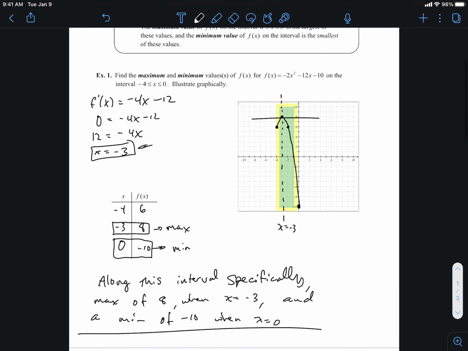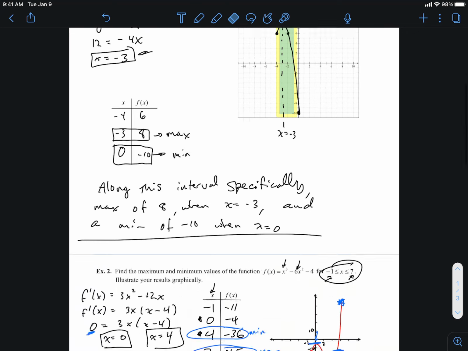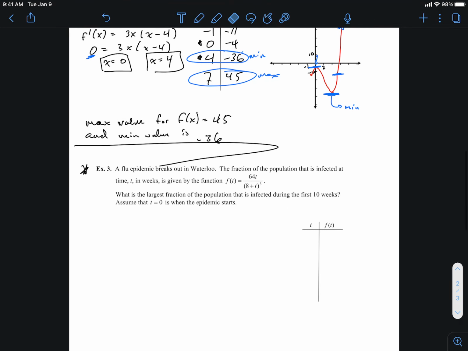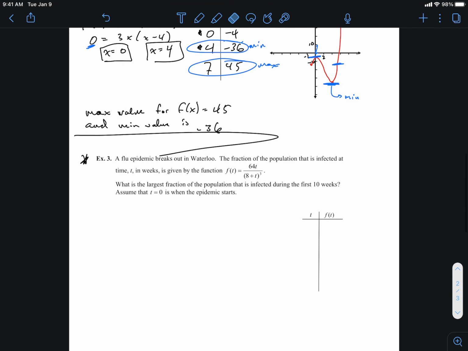So we want an effective, quick way to produce a particular graph for a particular situation. And I think finding the derivative and the tangent line being 0 is a great way to do this. We discussed here how long this would take to do in a different way. So anyway, that's where we're at. I'm going to hit stop there, and I'm going to do example 3 in a separate video.